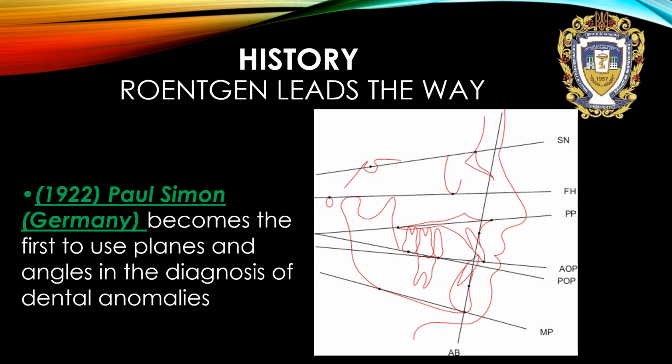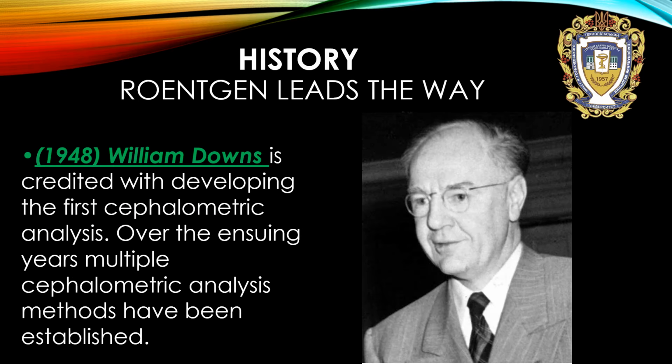In 1922, Paul Simon became the first to use planes and angles in the diagnosis of dental anomalies. In 1948, William Downs is credited with developing the first cephalometric analysis. Over the ensuing years, multiple cephalometric analysis methods have been established.